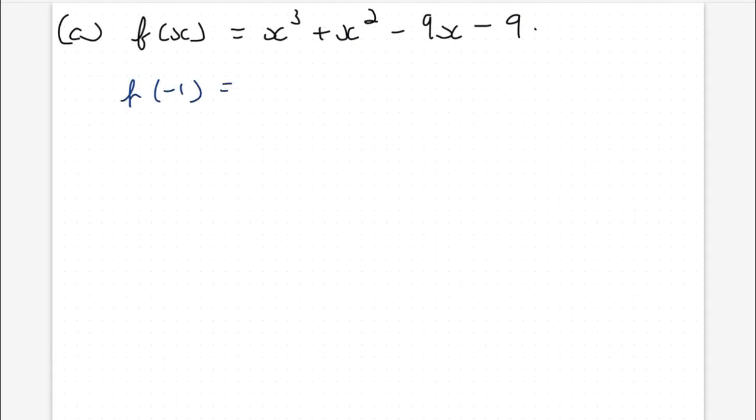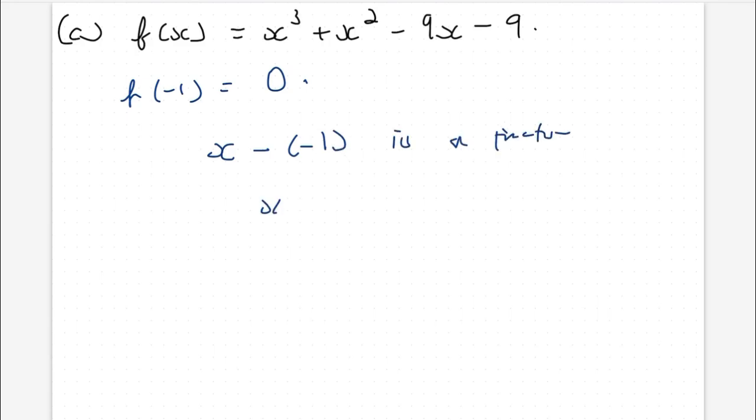Let's try here f of negative 1. So I'm going to put negative 1 cubed plus negative 1 squared minus 9 into negative 1 minus 9. Oh, this gives me 0. That means x minus negative 1 is a factor.